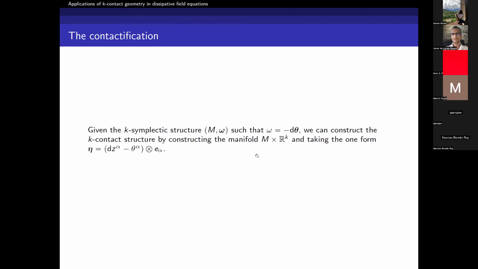Because you have introduced something and you said nothing about it. Many of us assume we know, but not everyone knows it. A k-symplectic structure is just a family of k two-forms that are closed and whose common kernel is 0. Okay, this is a k-symplectic structure.